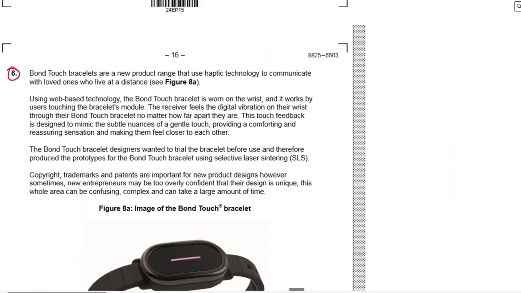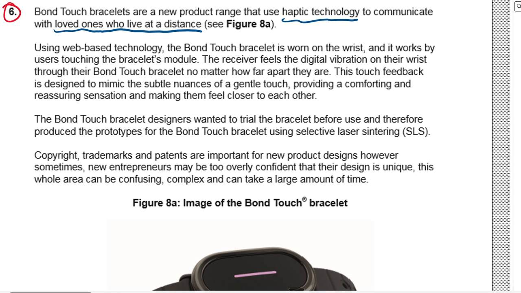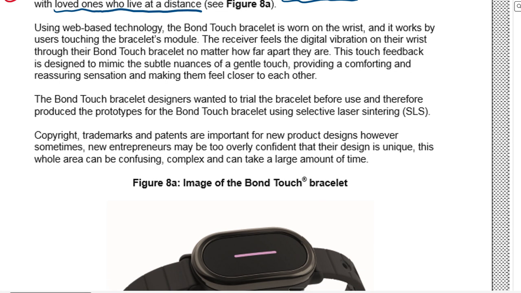Let's get started with the case study. Bond Touch bracelets are a new product range that use haptic technology to communicate with loved ones who live at a distance. They use web-based technology worn on the wrist and it works by users touching the bracelet's module. Digital vibration.